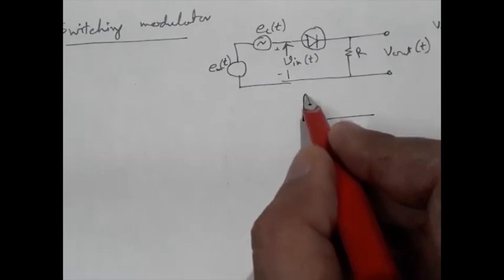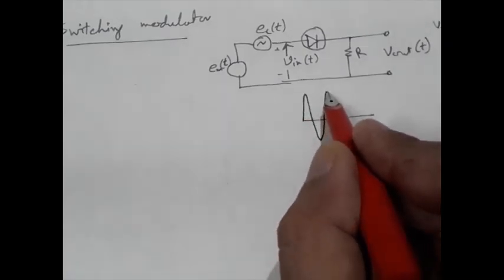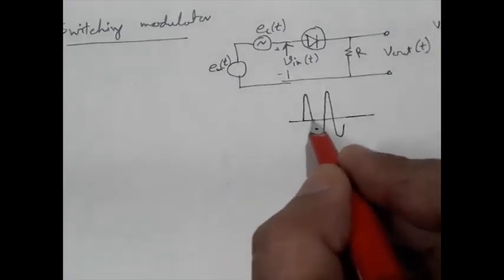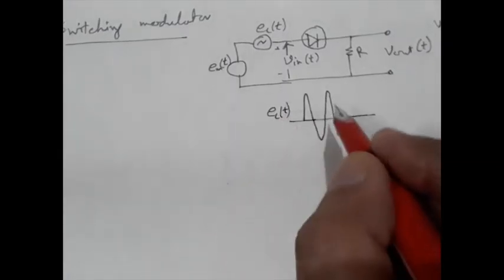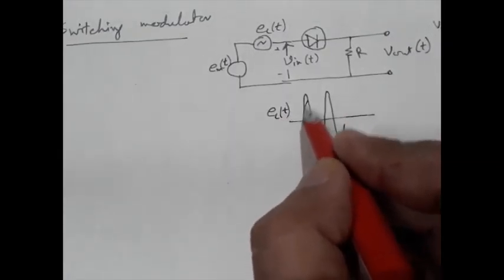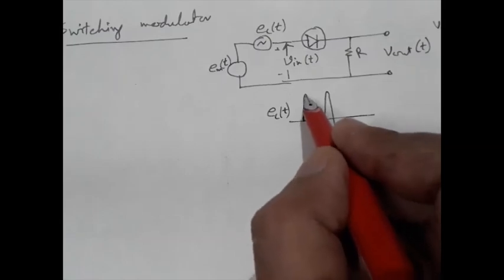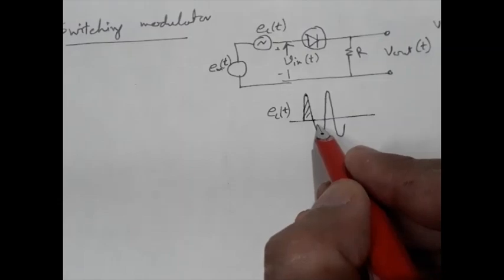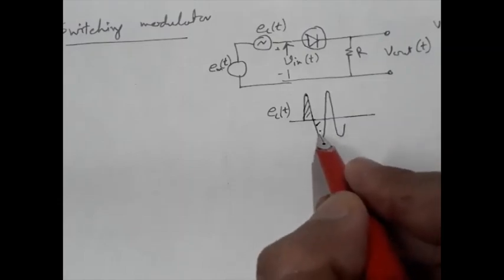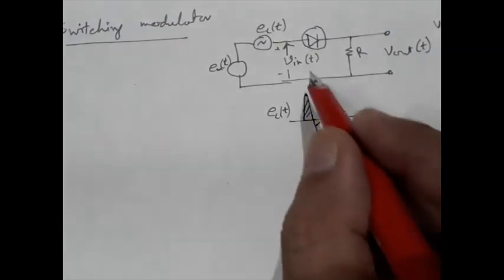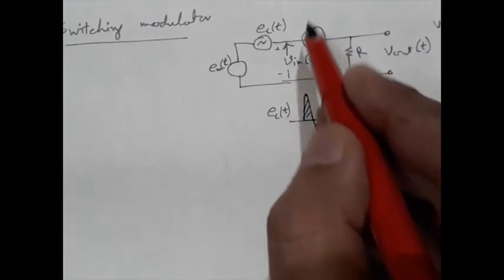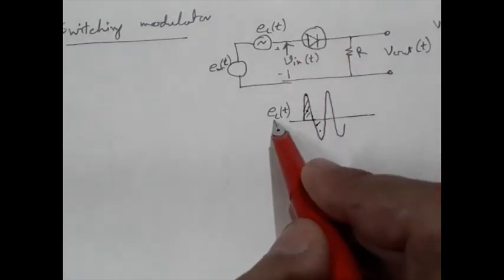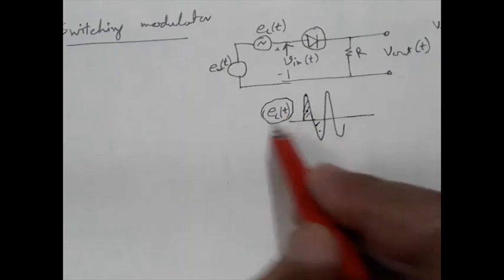If this is the carrier, then during this positive half cycle, the diode will remain forward biased, and during this negative half cycle, the diode will remain reverse biased. That means the diode is operating just like a switch, and that switch is controlled by this carrier signal.